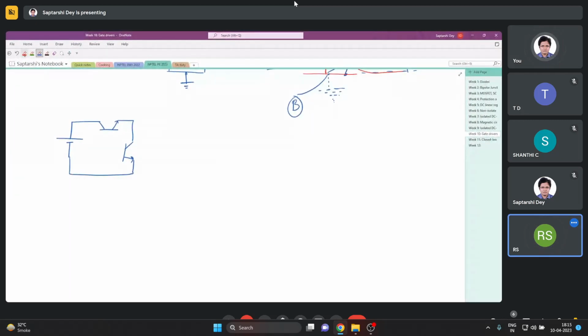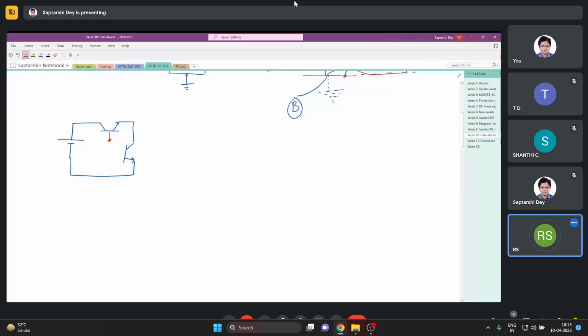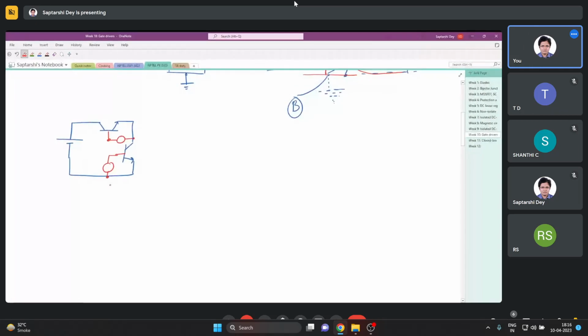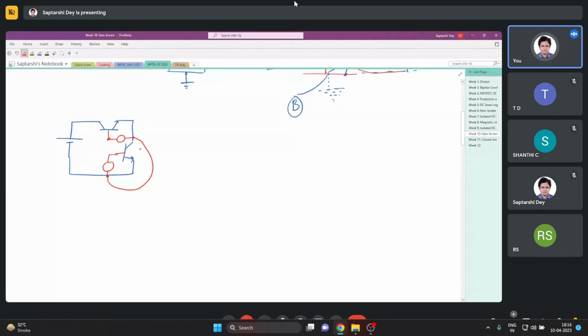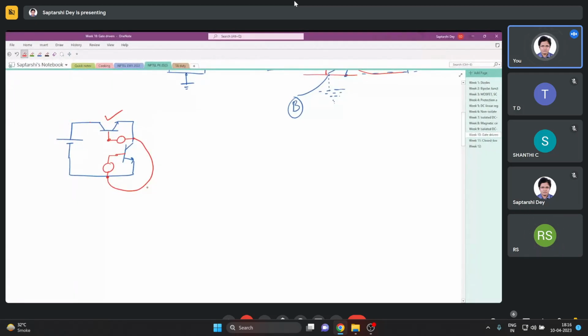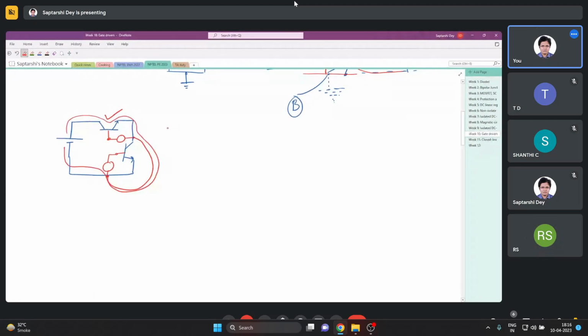Gate driver 1 must be connected like this, and gate driver 2 must be connected like this. If I do not provide isolation, these two points are shorted, and they are physically shorted. It's not like a virtual ground or something. They're physically shorted through the controller. And when you turn on this switch, the current flows through this switch, then through this physical connection in this way.